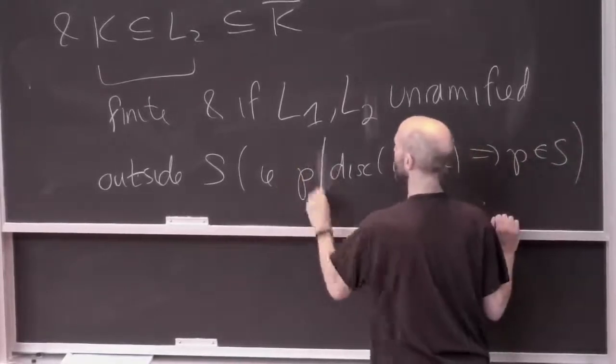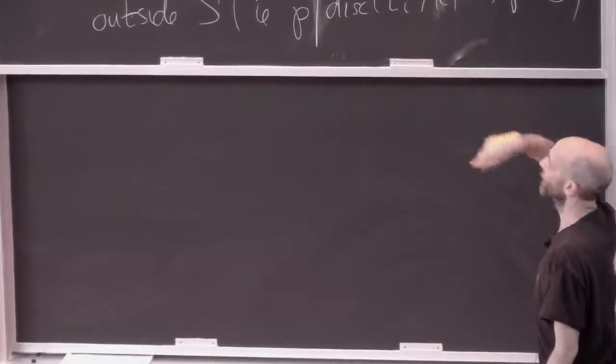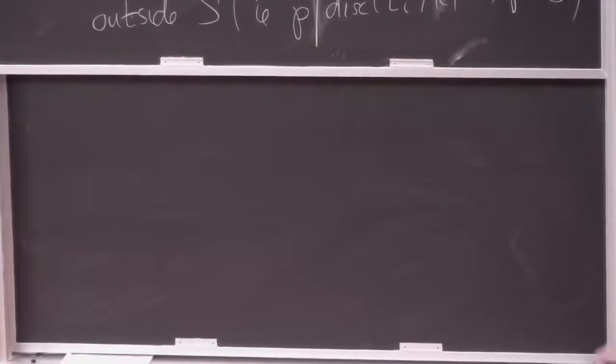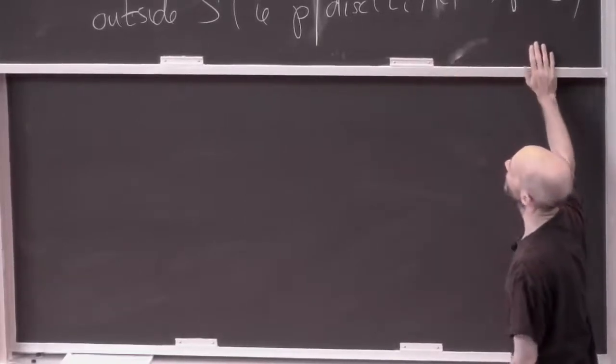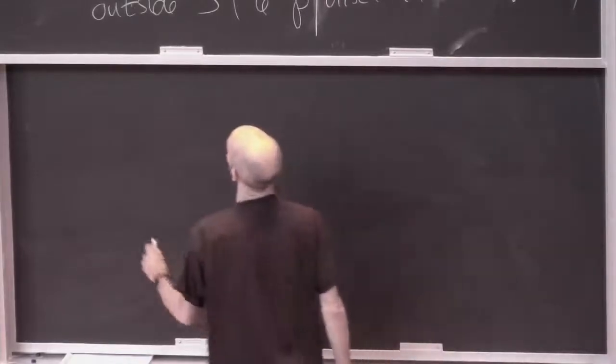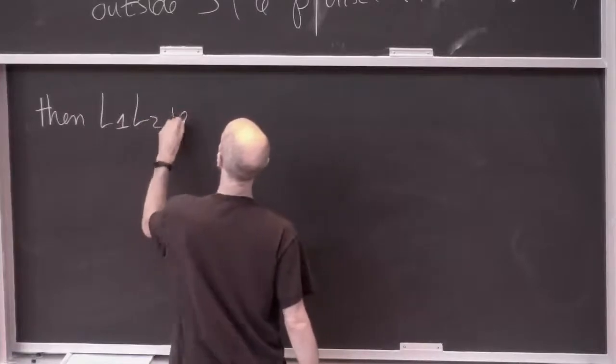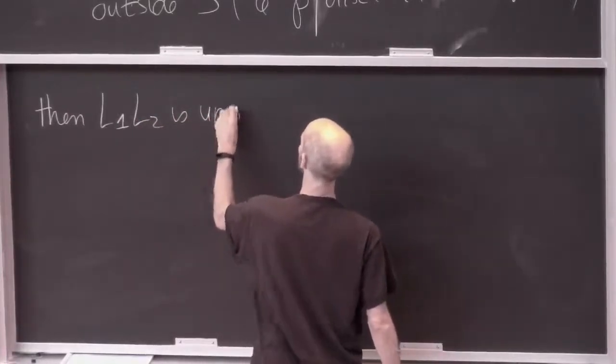So every ramified prime must be in S. So I've got two extensions which are unramified outside S, then the compositum L1 L2 is as well. Then L1 L2 is unramified outside S.